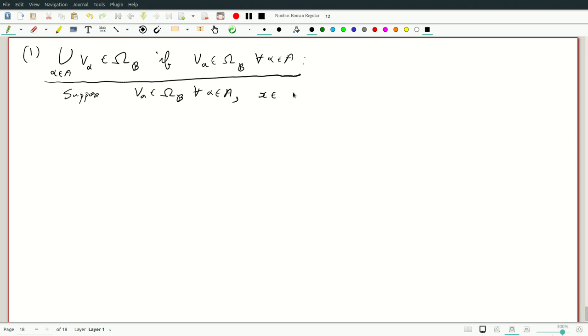Suppose we take x belongs to the union of alpha in A of V alpha. What we have to show is there is a basis set sitting in between.